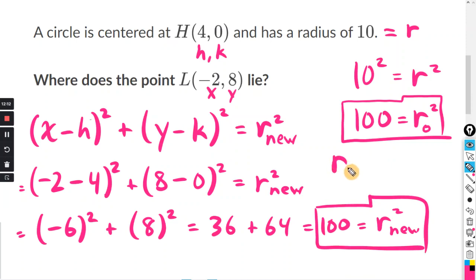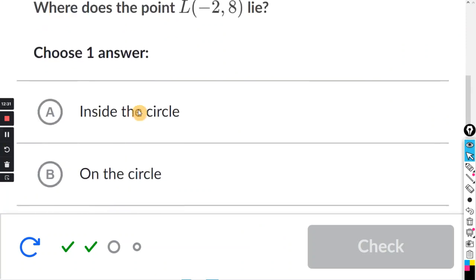So the original r squared equals the new r squared. So that means the point is on the circle. Answer B.